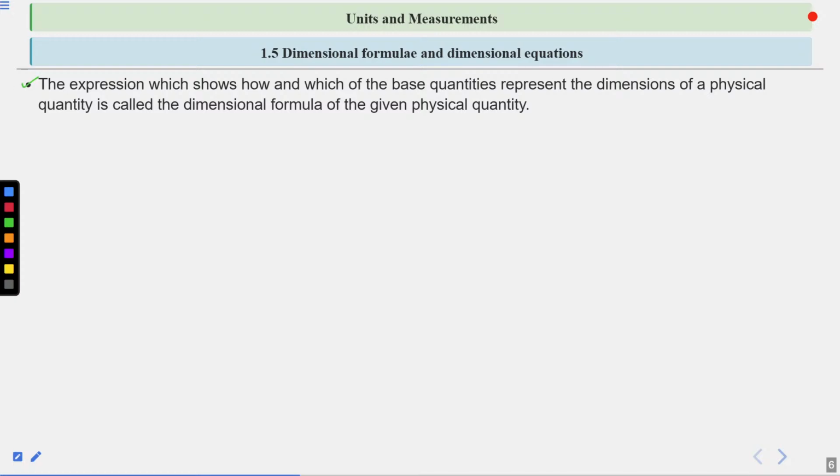The expression which shows how and which of the base quantities represent the dimensions of a physical quantity is called the dimensional formula of the given physical quantity.